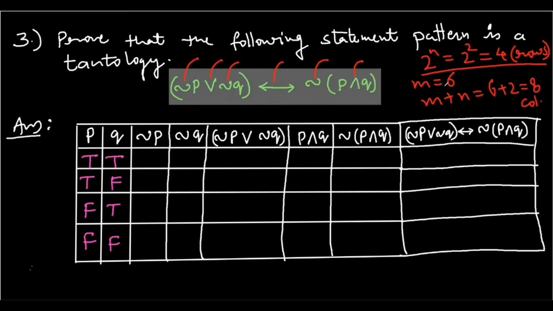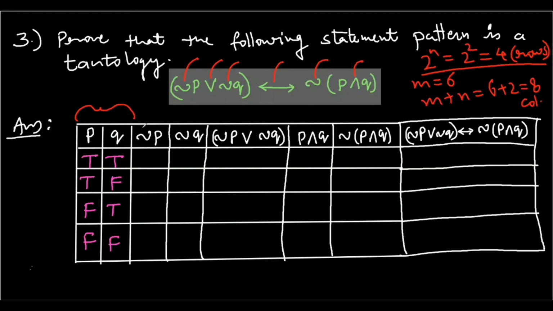But did I follow this formula? No, I did not. I did this deliberately because I wanted to tell you that if you do not follow the formula for columns, still you can go ahead. You just have to take the negations first. If it is P and Q, the two columns are always fixed.